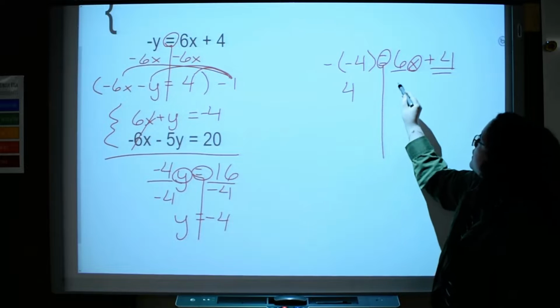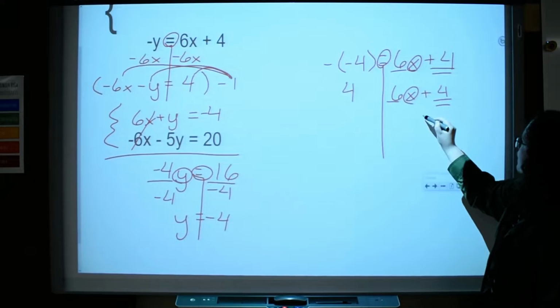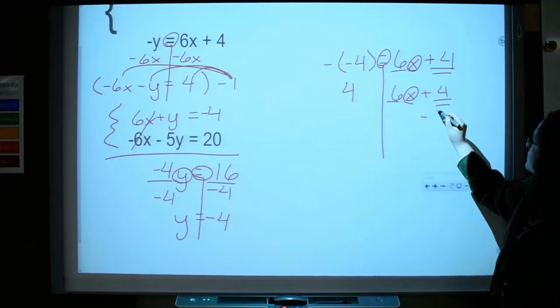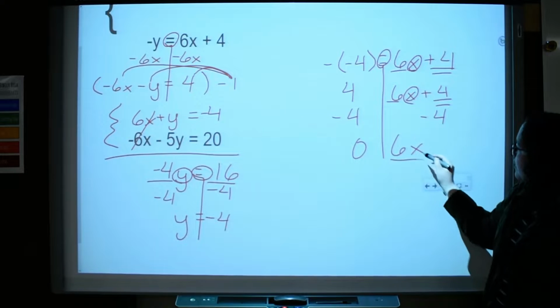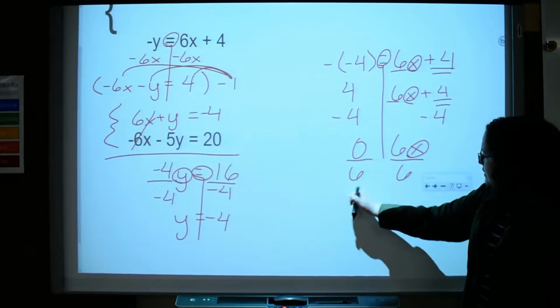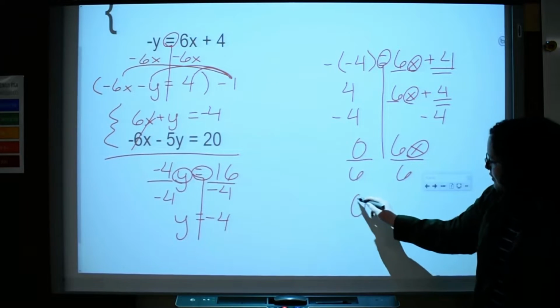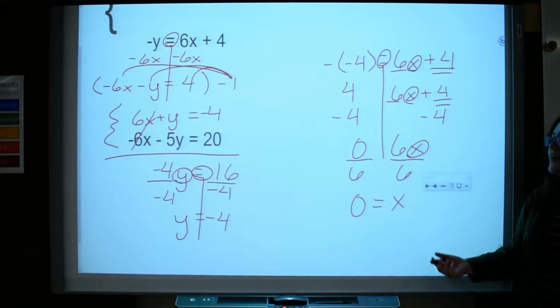This is going to be positive 4. 6x plus 4. Get rid of our constant by subtracting. 0 equals 6x, divide by our coefficient to get this variable by itself. x here is actually equal to 0. Excellent. Well, now I've got my 2, so I'm done, right?